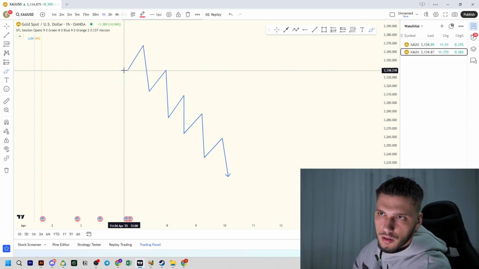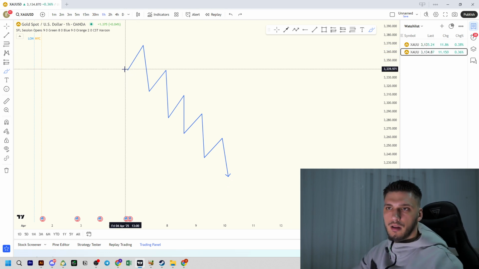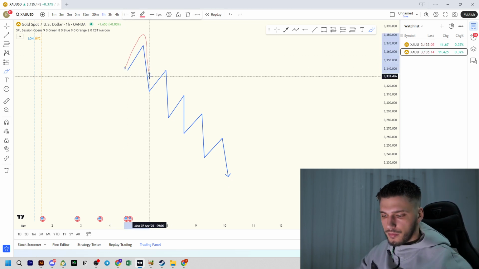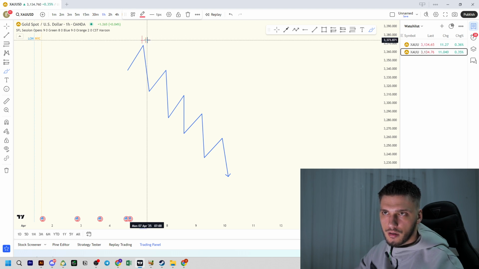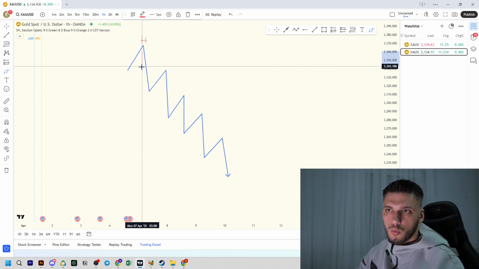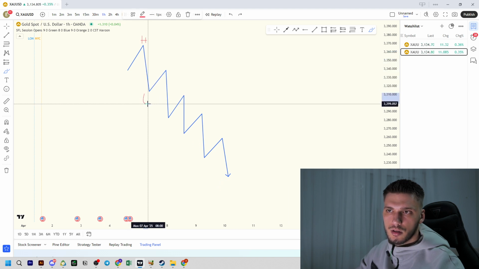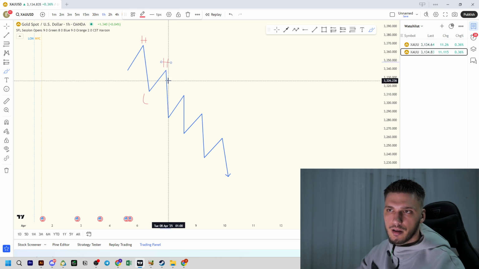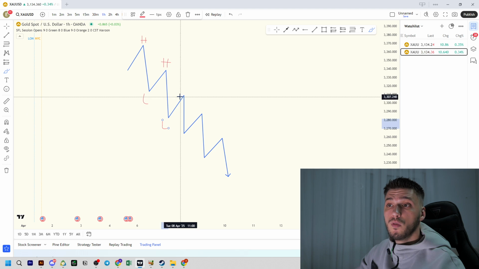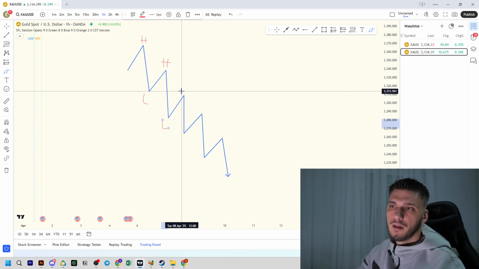We go to the start, the first move of that trend, and we can see a move up and a move down. What do we have here? A high. What do we see after that? A move down, a move up. This is a low. A move up, a move down. This is a high. A move down, a move up, a low. A move up, a move down, a high.